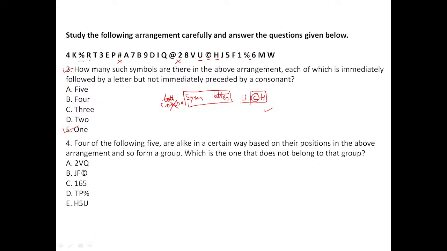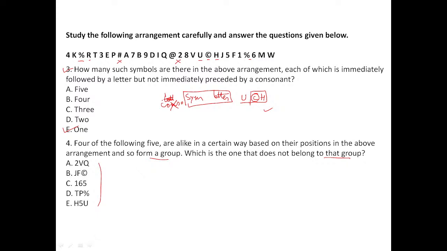Moving to question number 4. Four of the following 5 are alike in a certain way based on their positions in the above arrangement, and so form a group. Which is the one that does not belong to that group? Out of the 5 options, except one, all the rest 4 will have a definite relation which is the same for all 4.